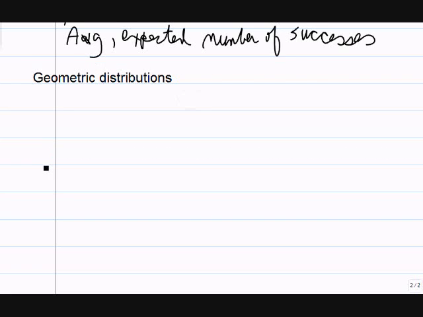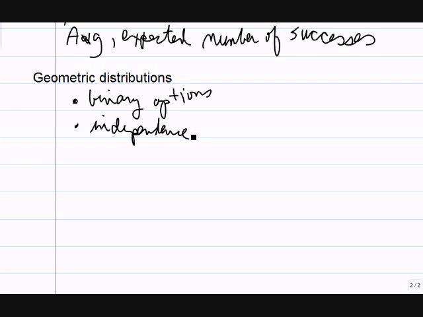To be a geometric distribution, we need to have binary options, same as on the binomial. Independence, same with the binomial.